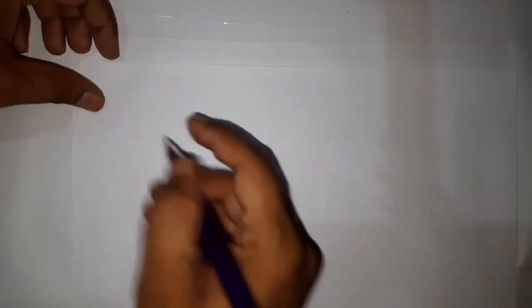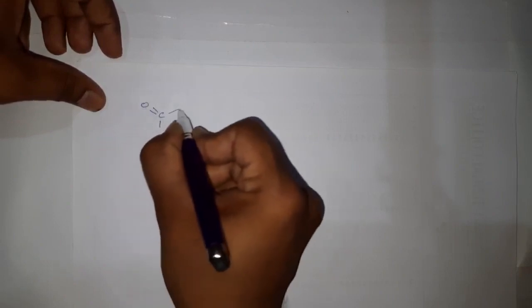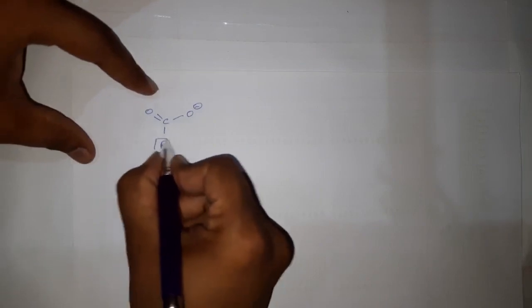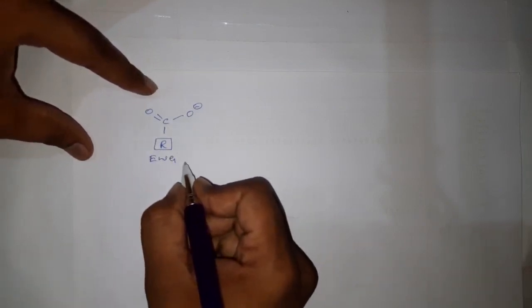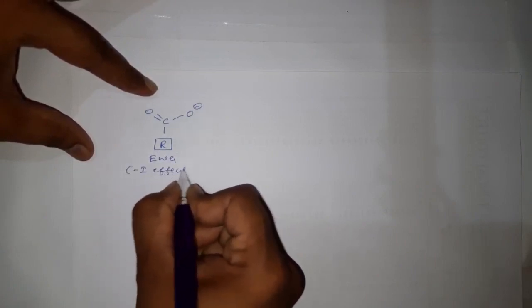See, if this R is there in a given carboxylate ion, and if it is an electron withdrawing group. Electron withdrawing group means what? These have a negative inductive effect.